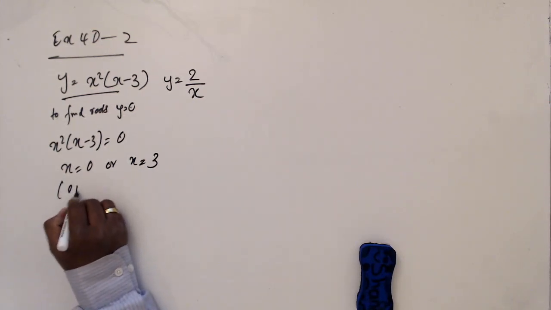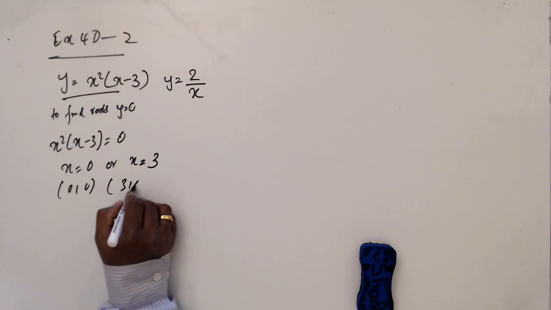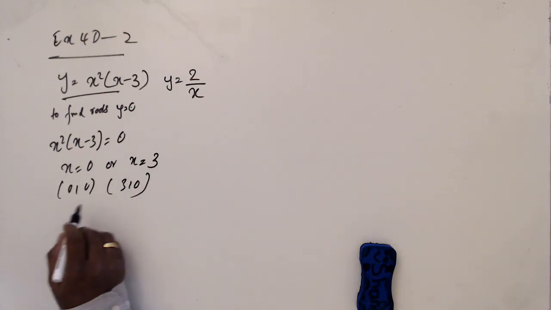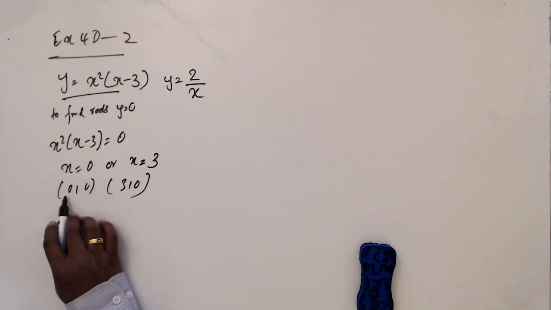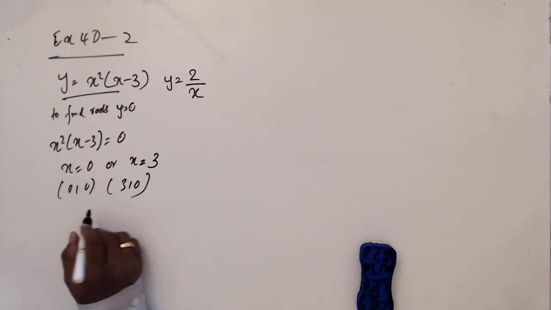So it's going to be (0, 0) and (3, 0). We don't need to find when x equals 0 because we already have (0, 0).